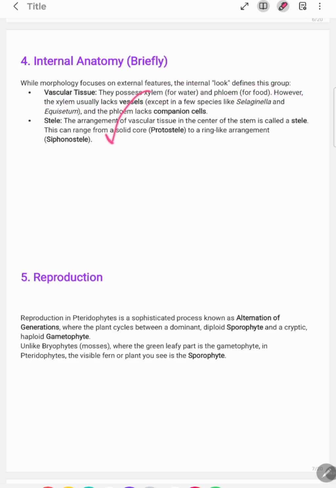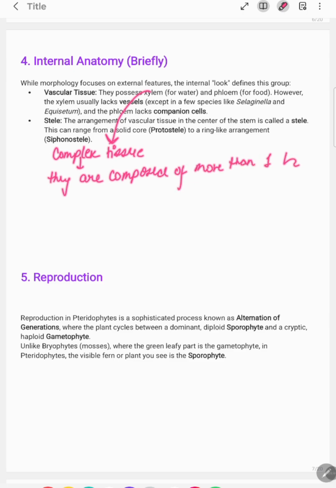See, as we have discussed earlier, xylem and phloem are complex tissues. What does the term complex tissue refer to? They are composed of more than one type of cell.